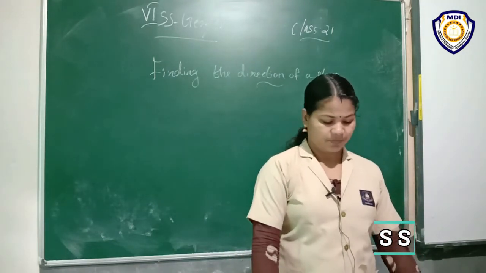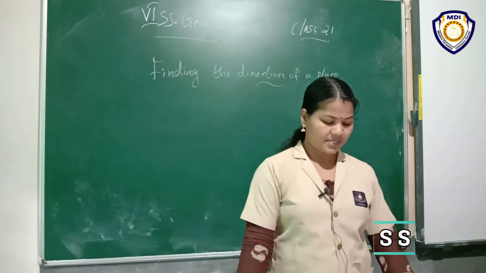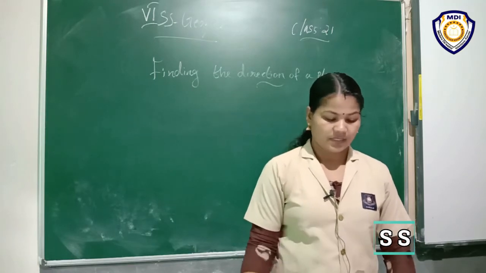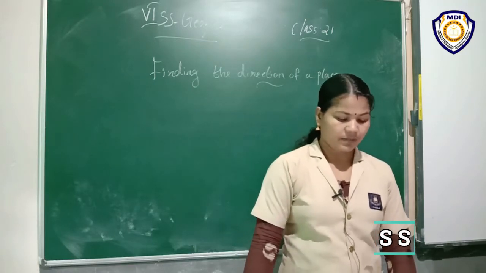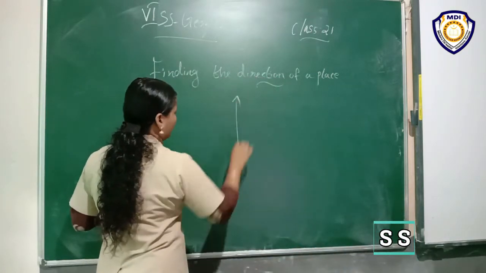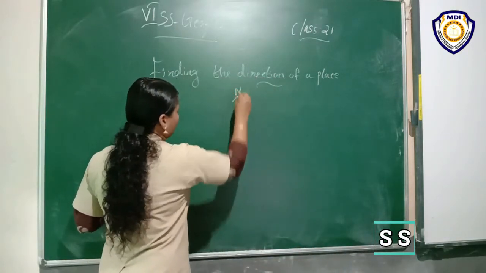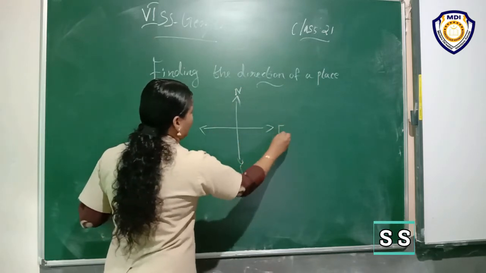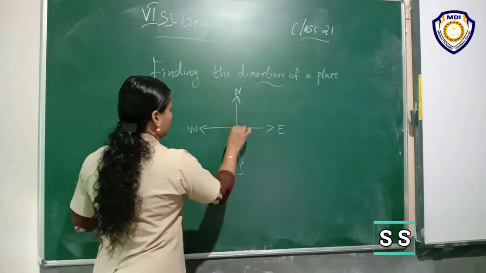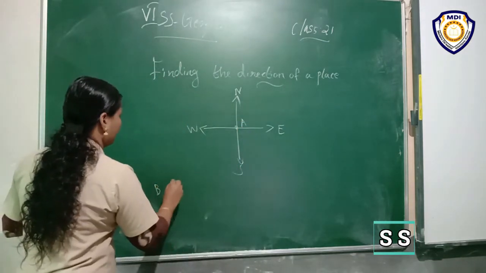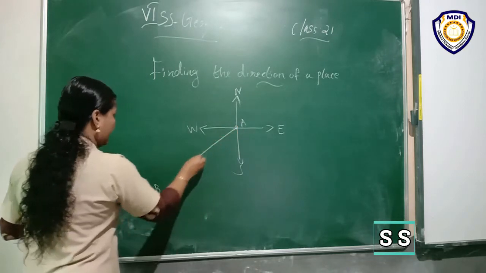That is the topic. Here 2 places A and B are shown in figure 2.5. All of you look at the textbook. There is A and B. We know that north, south, east, west are already given. Here A, here B, join one line.